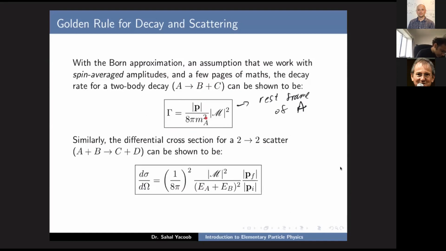The total energy of the system is just the mass of particle A because we're in the rest frame of A.